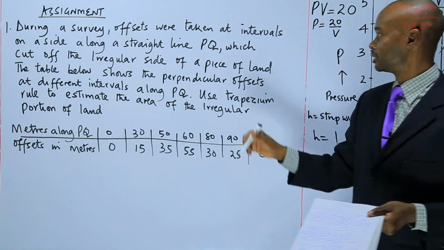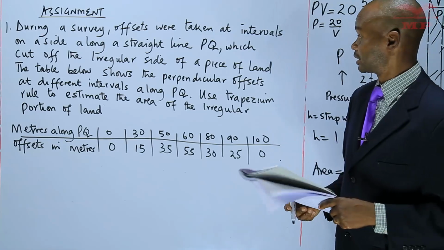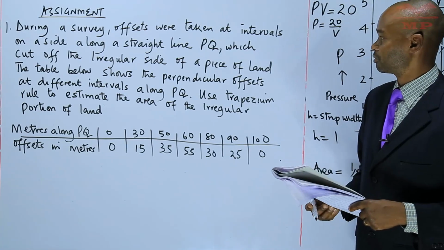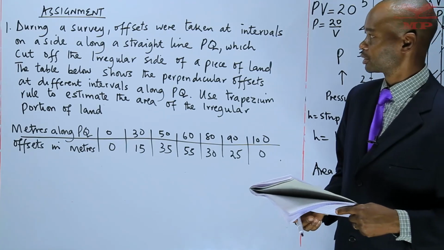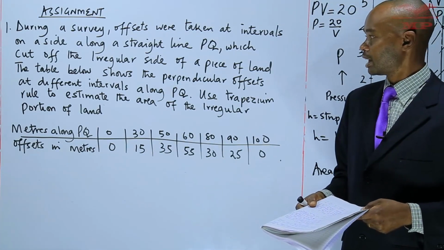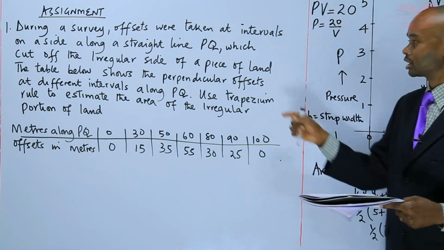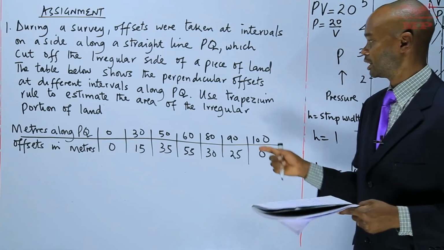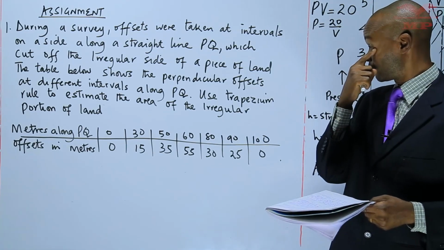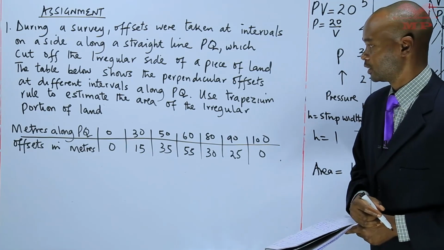It was a straight line which cut off the irregular side of a piece of land. The table below shows the perpendicular offsets at different intervals along PQ. Use the trapezium rule to estimate the area of the irregular portion of land.